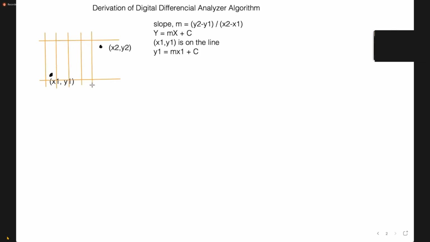Understand this one very carefully, then you can understand the other things very easily. Earlier the approximation and all these things were discussed to explain these important factors. Suppose these are pixels. Now what I know is that this particular pixel is drawn. That means we have to mark this one.